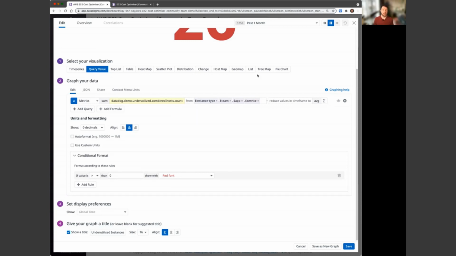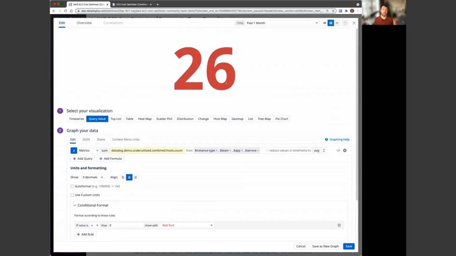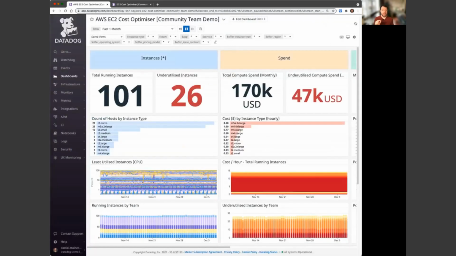We're looking at what CPU utilization is available and how much of it we're actually using over time. Then we break that down by various sets of our metadata, and then we can come up with a number. Now, this doesn't help us drill down into individual instances. That's what the other stuff here does.